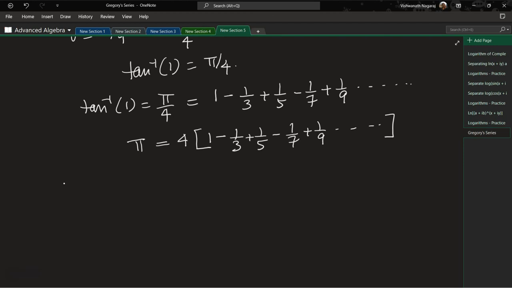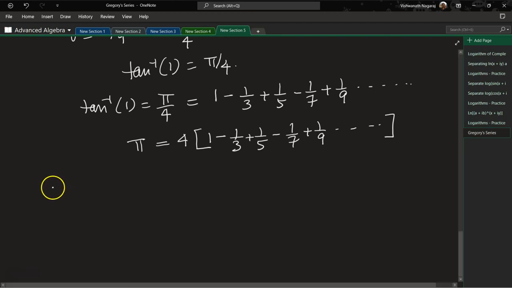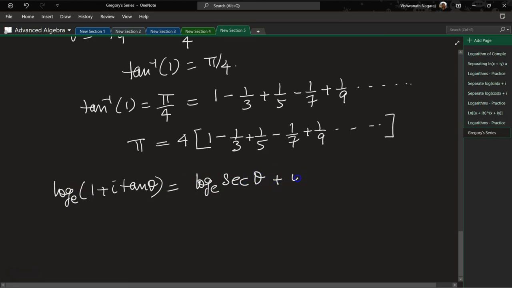Now the other part of log of 1 plus i tan theta was what? It was log e of sec theta plus i theta. We used the imaginary part for the above, but we have the other part as well.